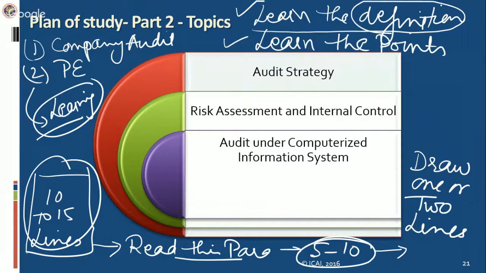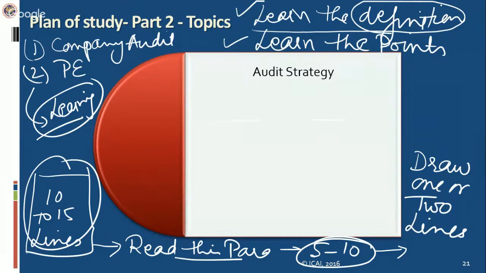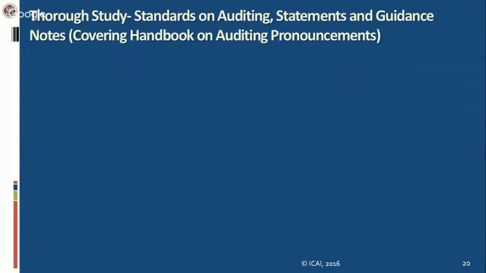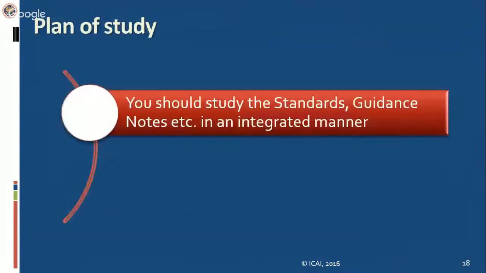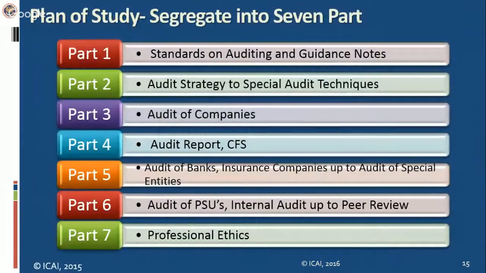Well, the plan of strategy has been divided into 7 parts here. Part 1 is the engagement and quality control standards, statements and guidance note. Part 2: audit strategy, audit planning, audit programming, audit under CIS, then special audit techniques chapters are included under part 2.